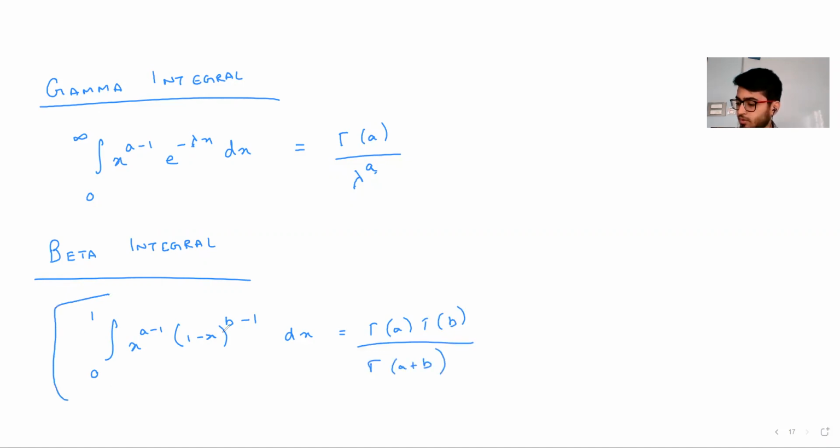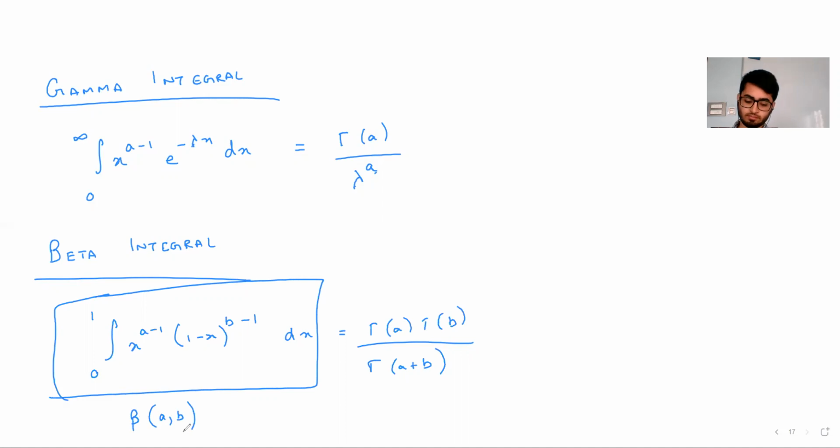This particular integral is often also written as beta a comma b. So this is a beta integral, which can be computed as gamma a into gamma b whole divided by gamma a plus b, and for this integral we can also use beta a comma b.